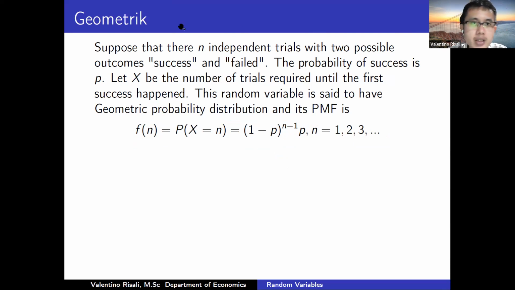By this geometric explanation for our previous example, we can define the PMF of this random variable.